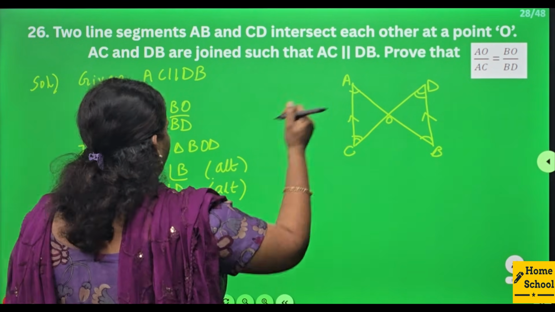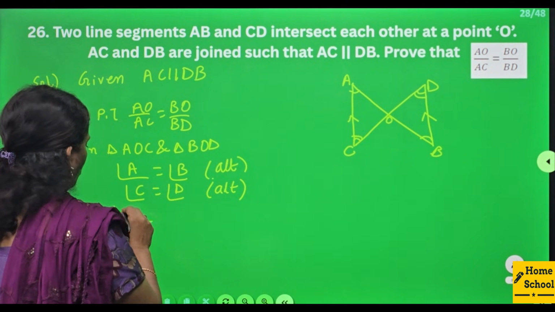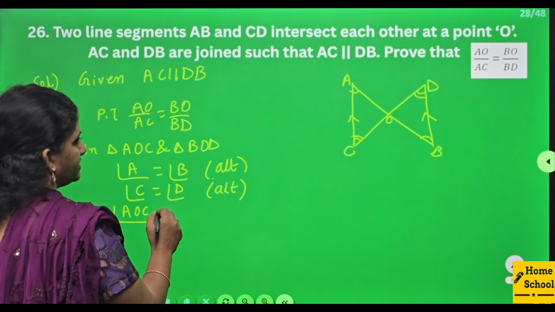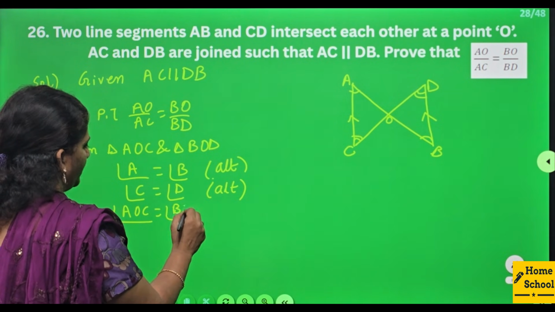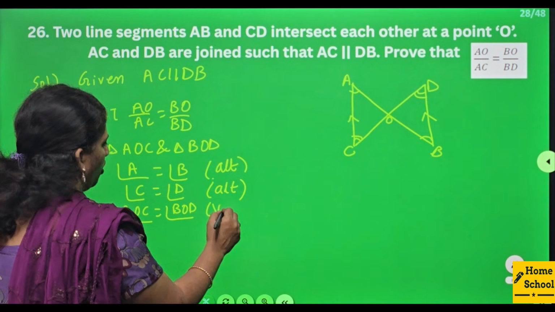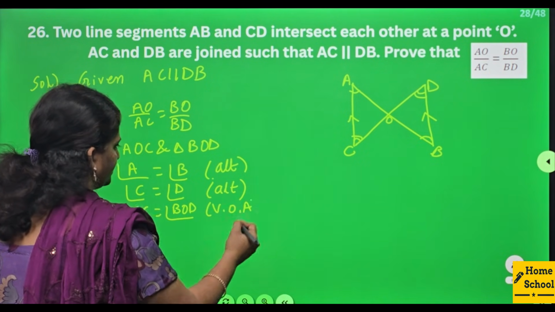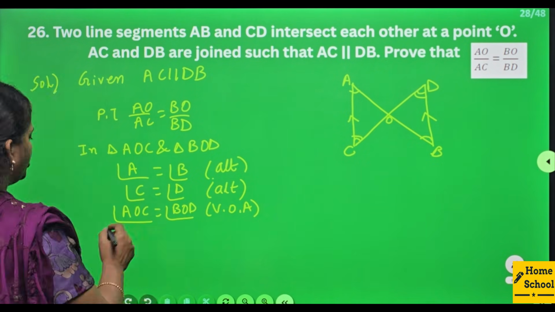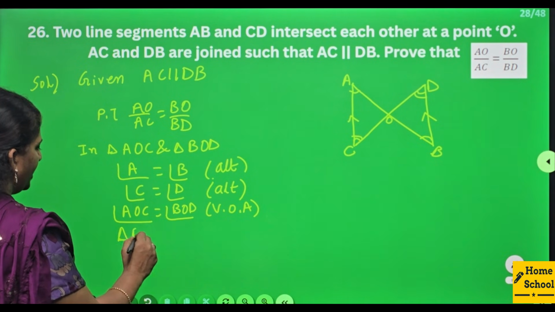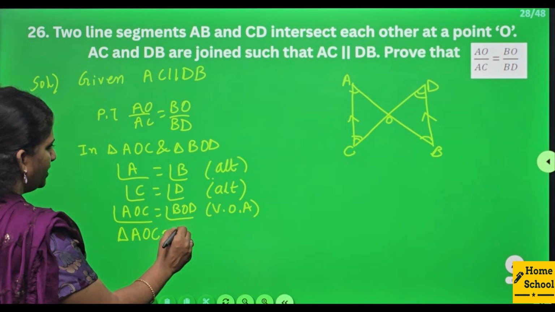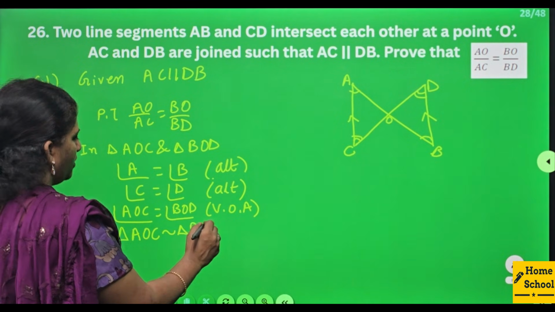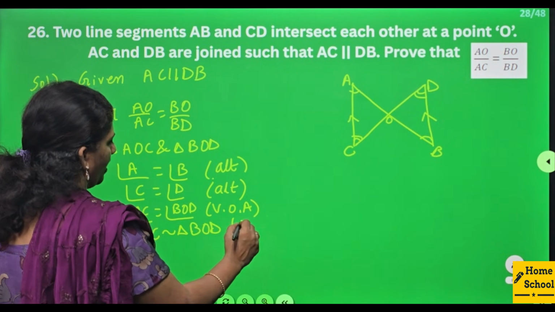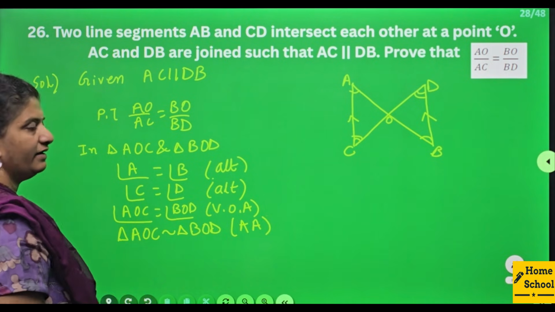Now angle AOC is equal to angle BOD, vertically opposite angles. So the two triangles, triangle AOC is similar to triangle BOD, by the angle similarity criteria.